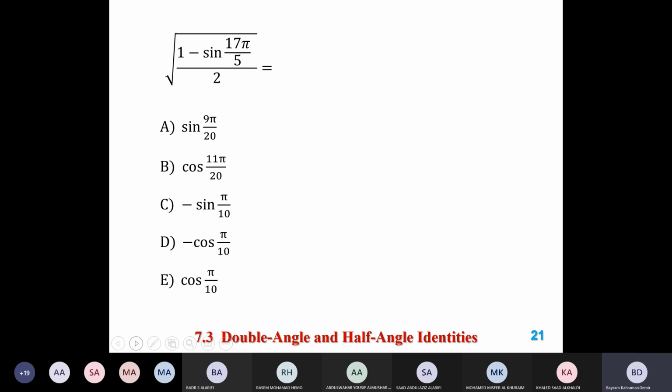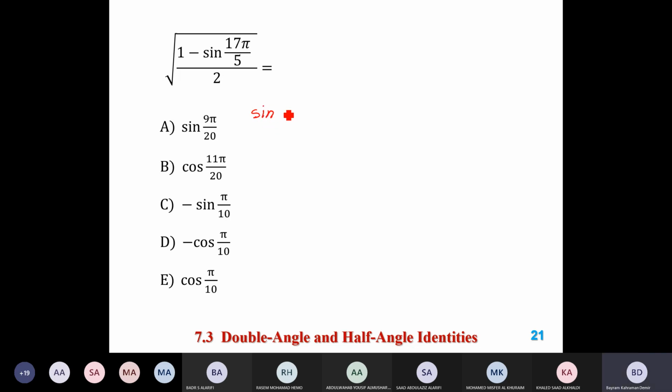All right. Well, we have a bit challenging question here. 1 minus sine of 17 pi over 5. Well, let's see about the sine of 17 pi over 5, Shabab, because we need to simplify this.